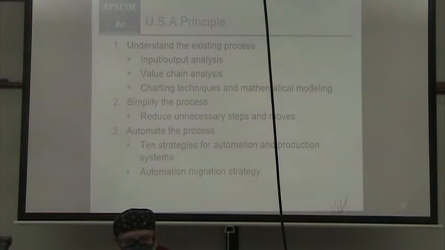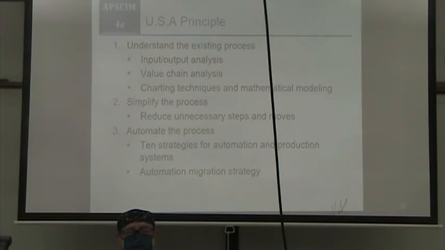When we understand the process, we have to do the input-output analysis, value chain analysis, or I would call that value stream analysis, and charting techniques. In other words, all the IE stuff that you've been learning here in school has to go into making that happen.